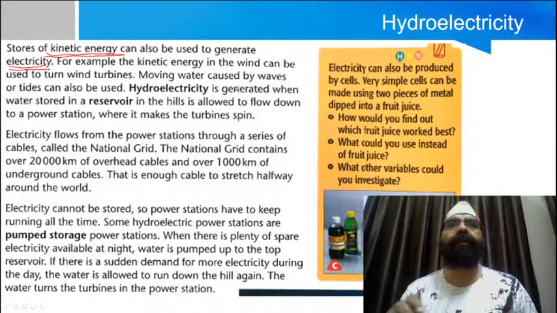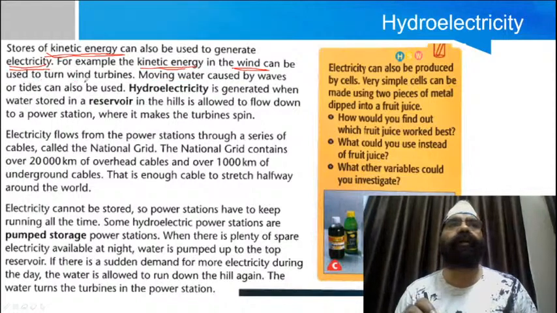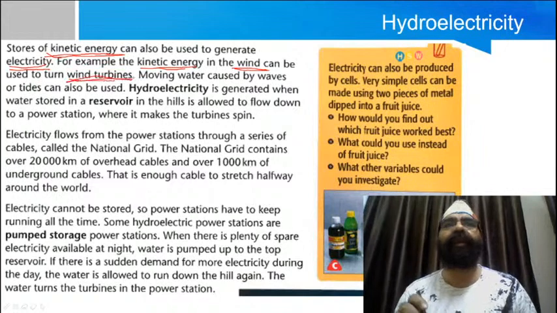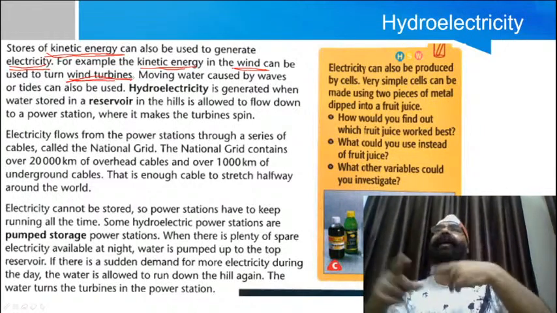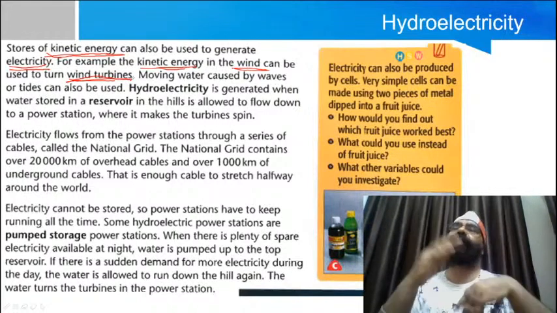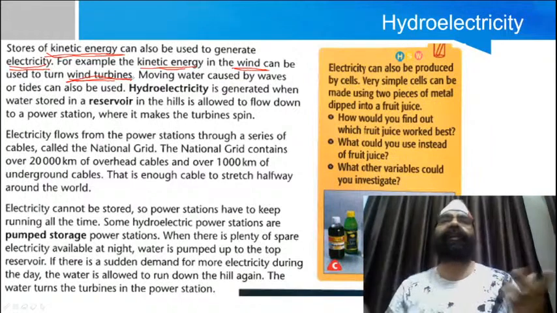How can I do that? By using windmills. The kinetic energy stored in wind can be turned using wind turbines or windmills. Everything else is the same. The turbine rotates, its axle rotates, the magnet rotates, and in the huge massive coil, electricity is produced.